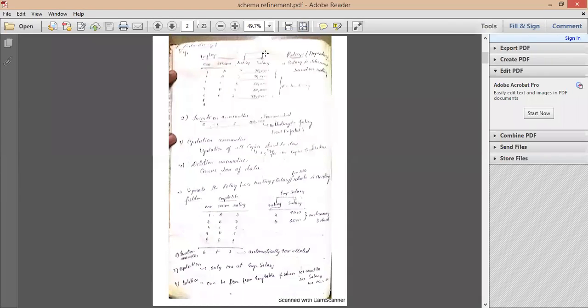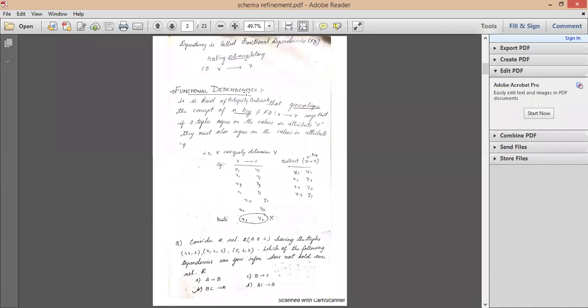If you are getting more salary, that means your rating is more. Then what functional dependency says is rating determines salary, or rating goes to salary. If the rating is 5, then it is 90,000.